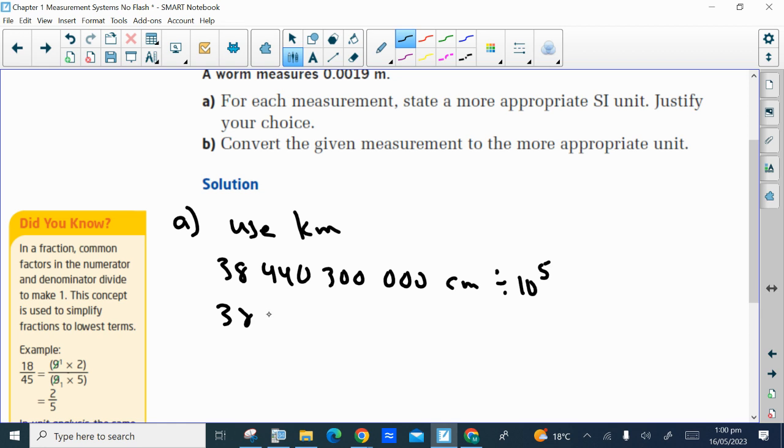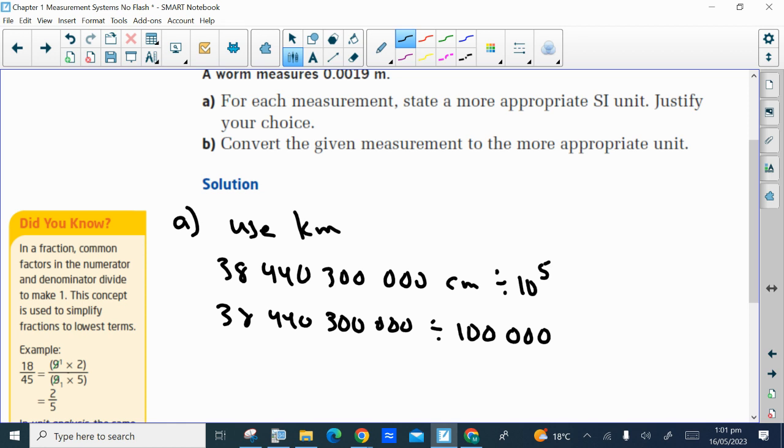So it's 38,440,300,000 divided by a 1 with 5 zeros. And whenever you divide by 10, just 10, the decimal moves 1 spot to the left. If you divide by 100, the decimal moves 2 spots to the left because there's 2 zeros in 100.